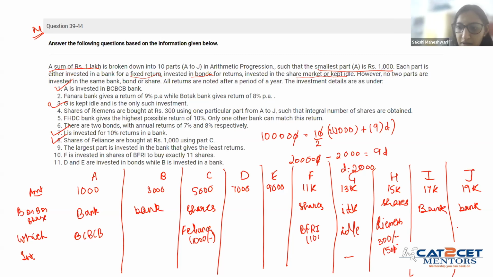This was Botak. This was FHTC and 8%. This is 10%. This is which bank? 9%. And this were Quants. 7% or 8%.